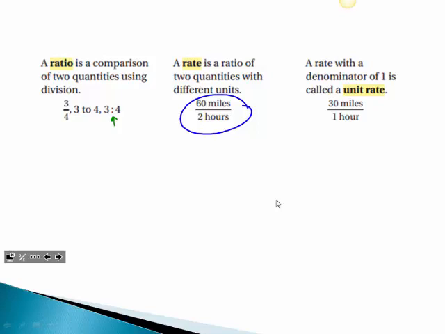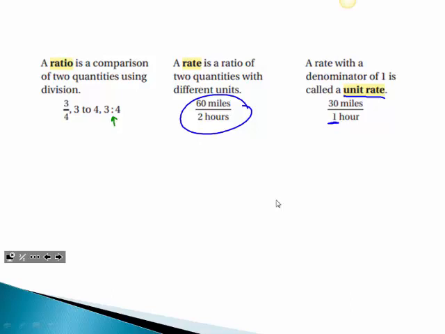Now, you talk about rates all the time when you're talking about your speed. But when you say, I'm going 30 miles per hour, you're actually not talking about a rate. You're talking about a unit rate. A unit rate is the same thing as a rate, but the denominator is 1. So when you make a 1 on the bottom, that's called a unit rate, because you're talking about 1 unit of that item. Okay?